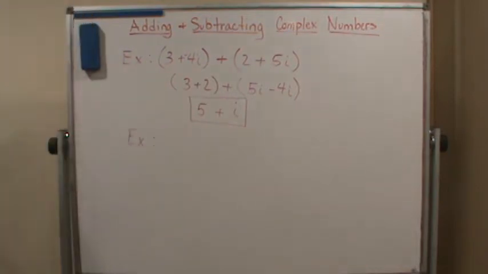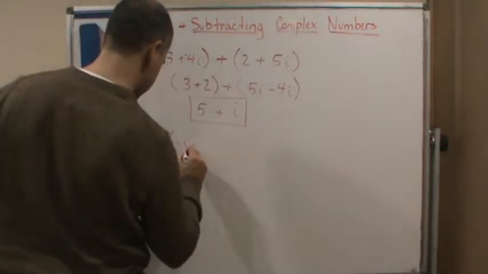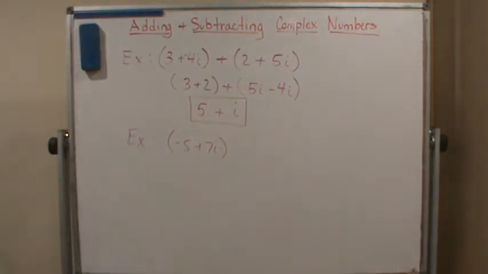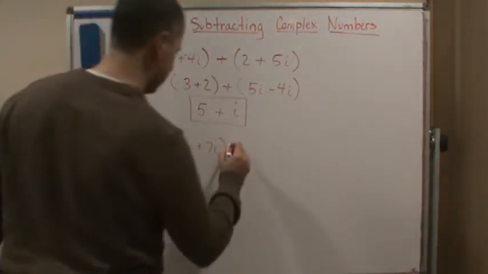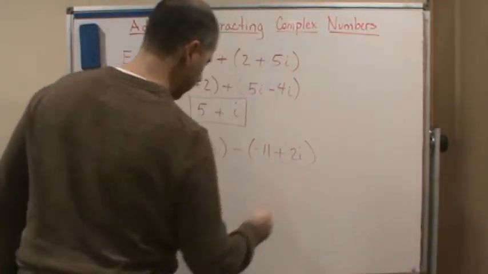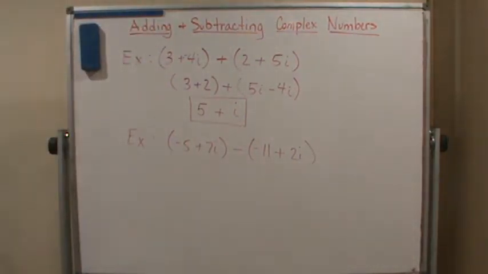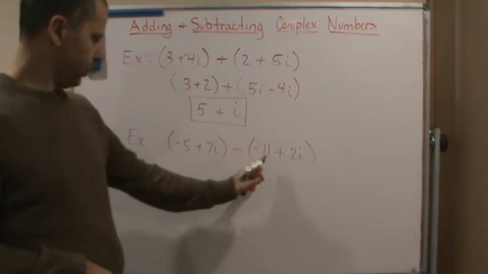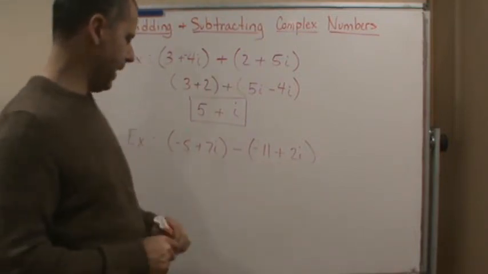Okay, so let's do another example. Let's do negative 5 plus 7i minus negative 11 plus 2i. Now, this is subtraction, so we're going to subtract the real parts and subtract the imaginary parts.